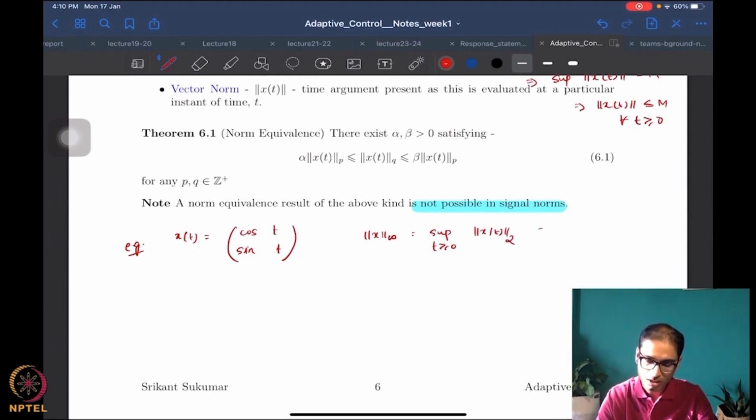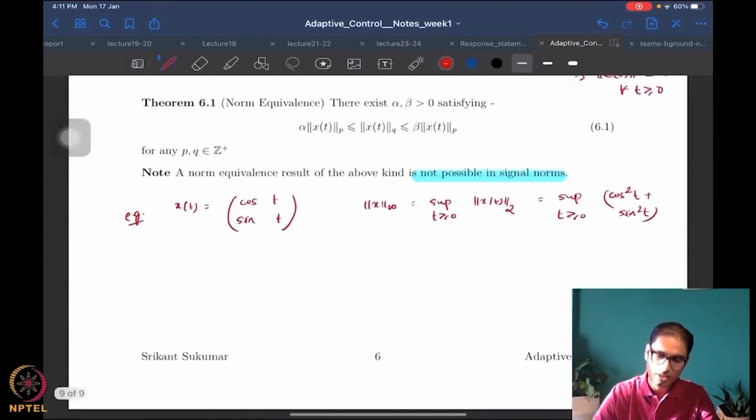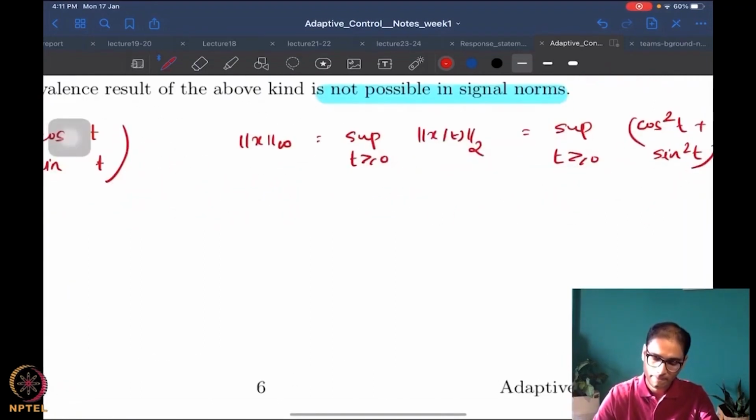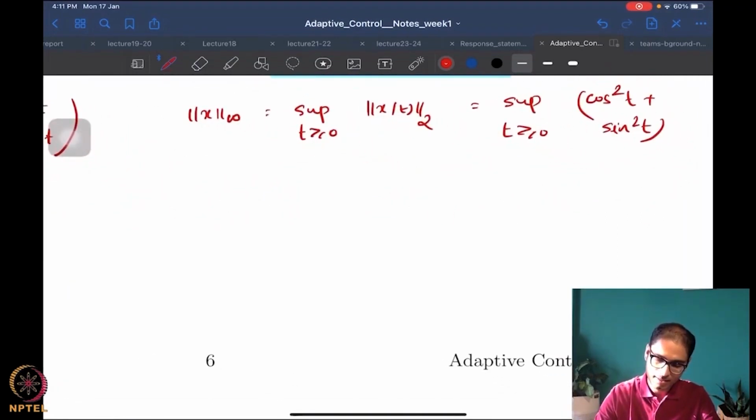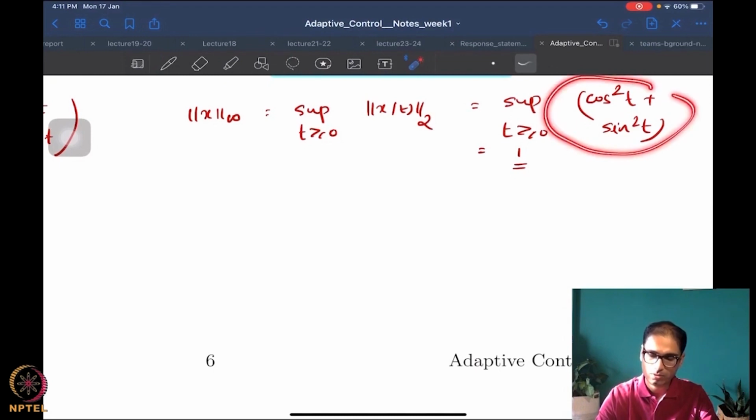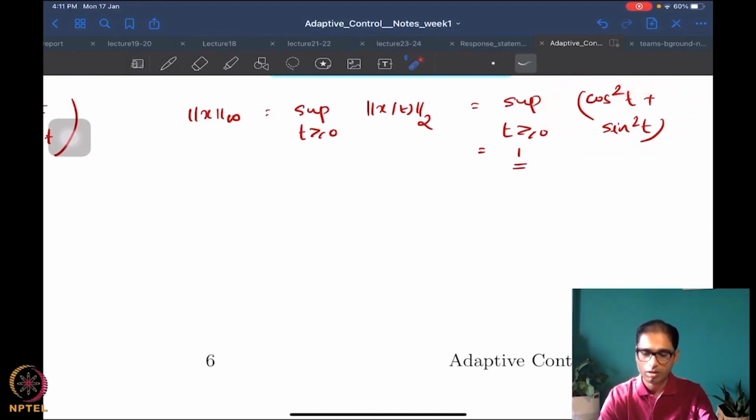So what is the 2 norm? This is sup over t greater than or equal to 0 of the square root of cosine squared t plus sine squared t, and that's just equal to 1, because this quantity is 1, so the supremum of 1 over all time is just 1.